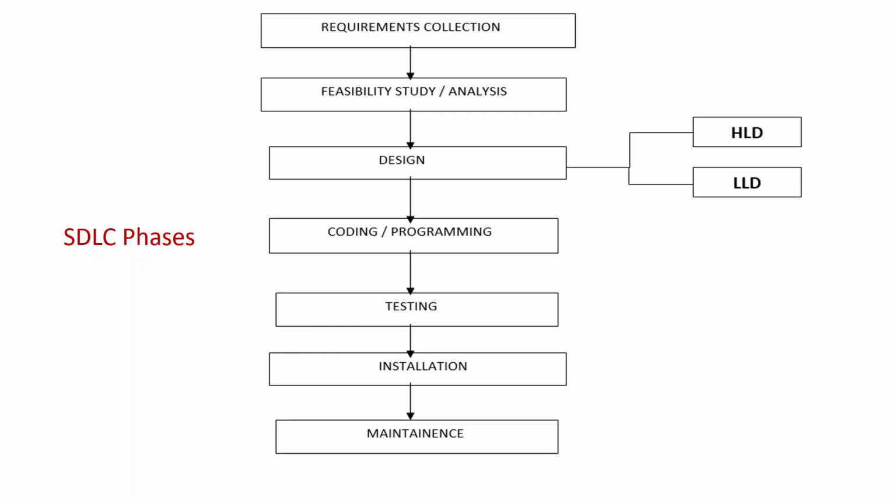In this phase they basically do three feasibility checks: technical feasibility, financial feasibility, and resource feasibility. In the technical feasibility, they check whether whatever the client is asking can be done with these operating systems, these tools, and this system configuration.